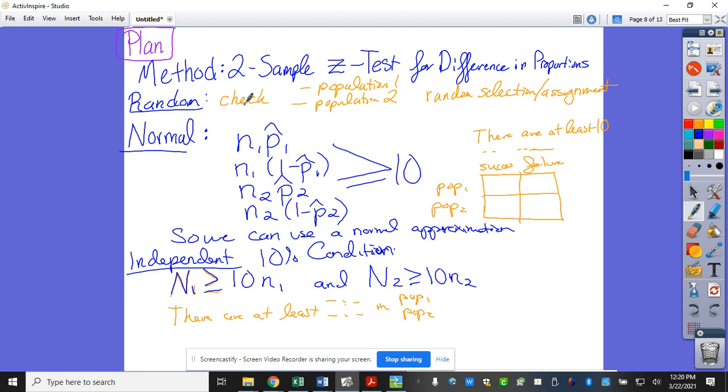So it would end up getting 18, 10, 75, and 130. So NR P hat R, NR 1 minus P hat R, and so forth, all those are greater than or equal to 10. So if I did this little box chart thing, I would say there are at least 10 what's relating to both populations.